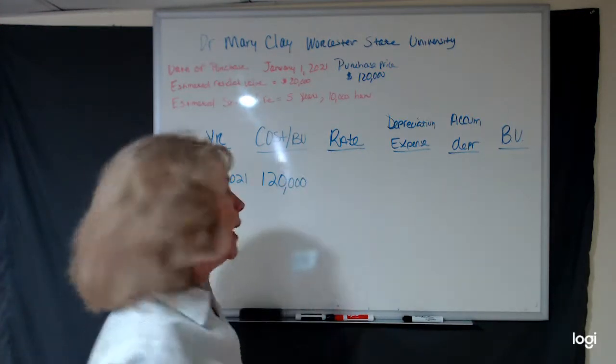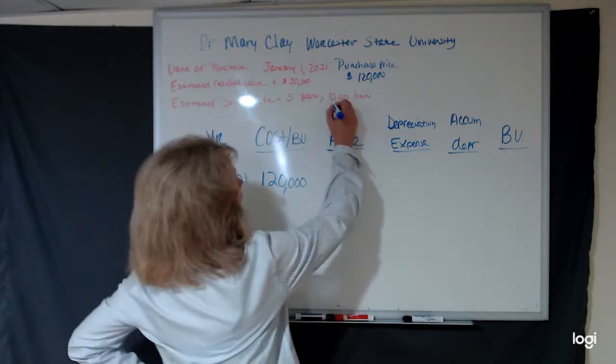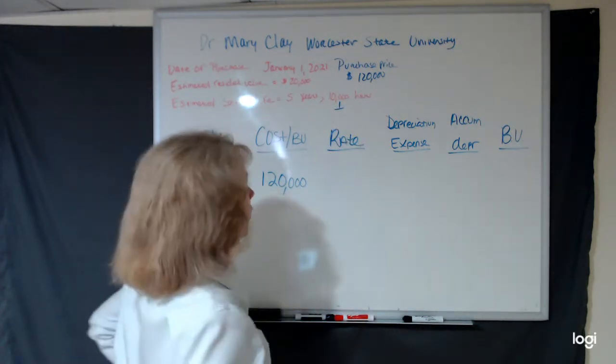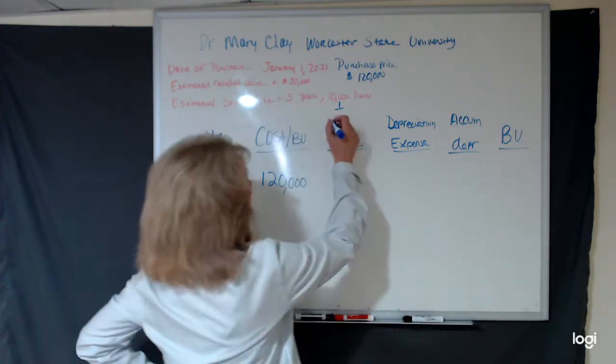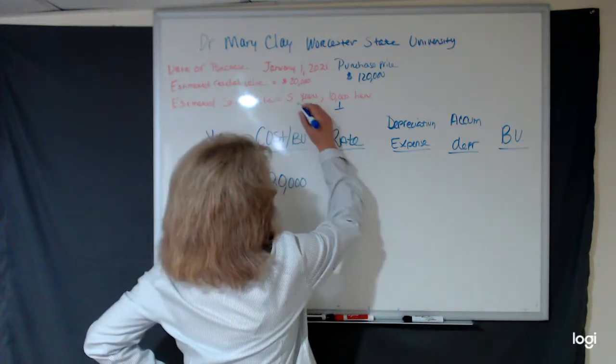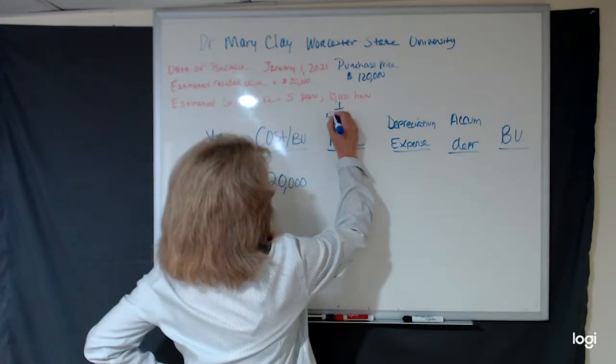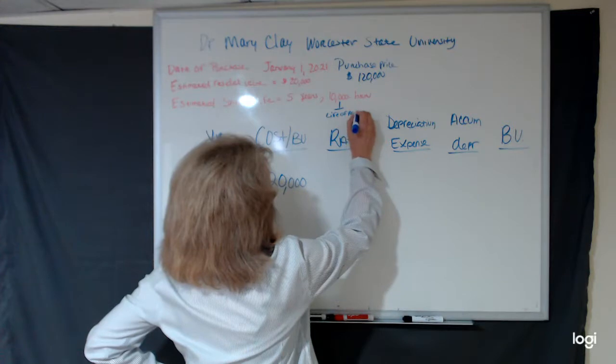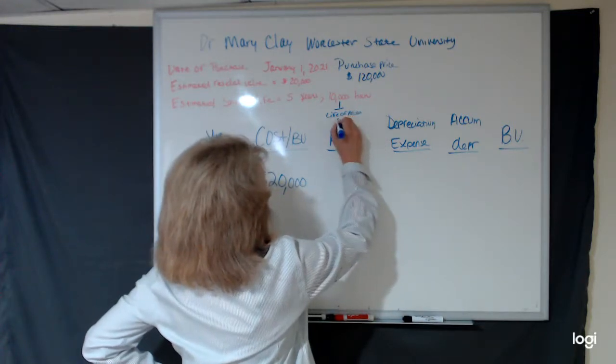Next, I'm going to explain how to get the rate. So the rate is always, the number one is the numerator, never changes. What changes is the life of the asset. So the life in this case is 5 years.